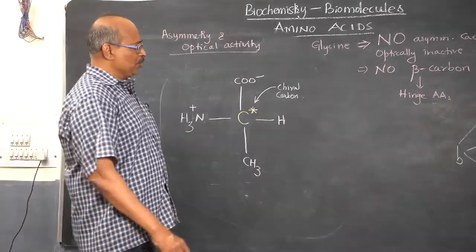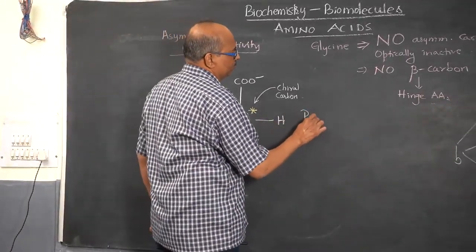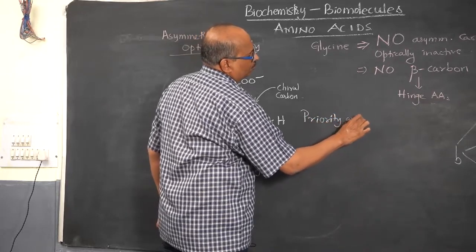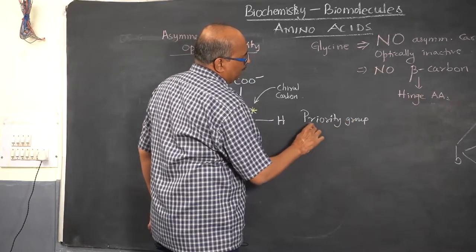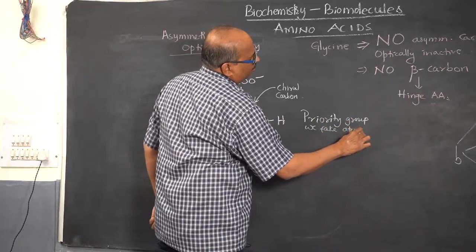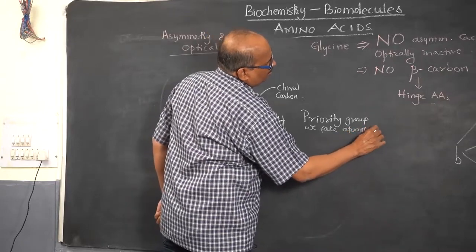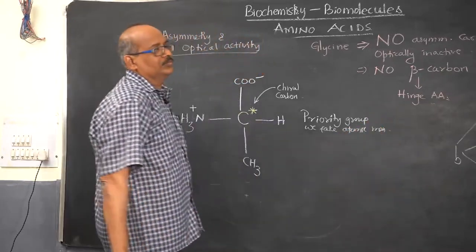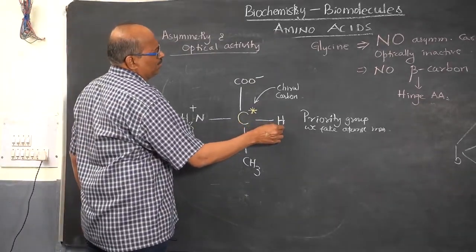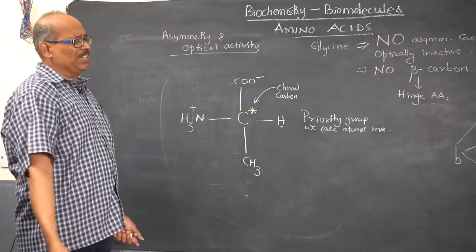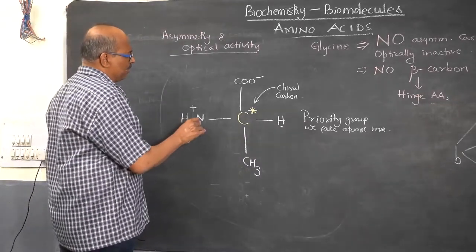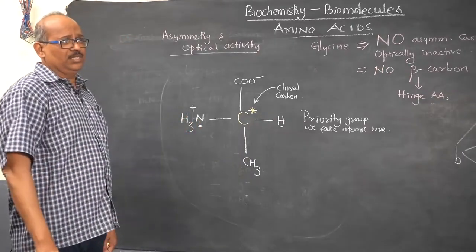Now here we have to decide which one is the priority group. For priority group, we take the atomic mass. So hydrogen has the least atomic mass or least atomic number. Its atomic number is only 1. Here also we have hydrogen, but there is nitrogen.